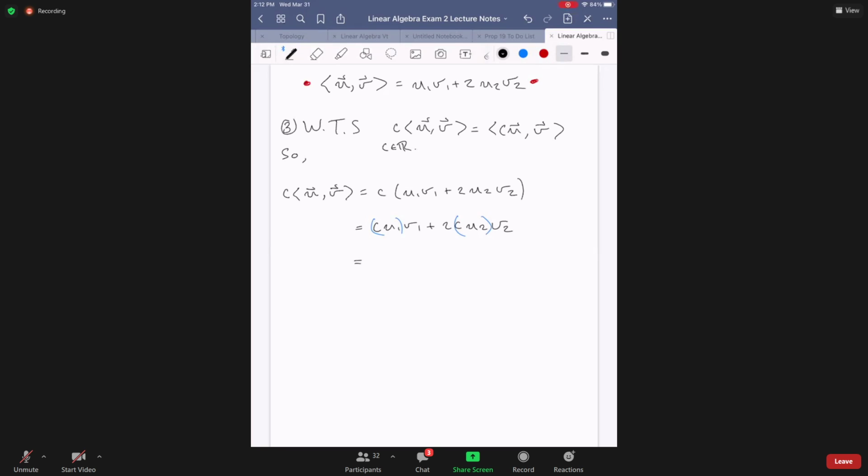So if I do this, then you can clearly see that this is going to be the inner product of Cu with v. Does everybody see that? So I just put them in the u1 u2 components, and then that comes out as the inner product. That's how C gets stuck in that inner product.